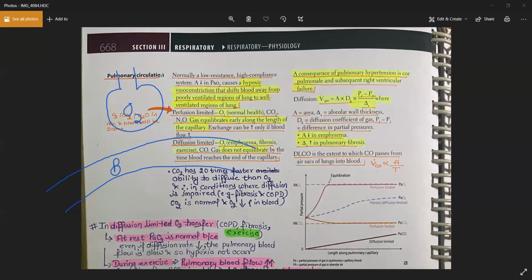Initially, let us suppose this is the ventilation and this is the perfusion. In a normal scenario, the ventilation perfusion ratio will be V by Q. Now, if a blockage happens, then you won't get any oxygen, right?